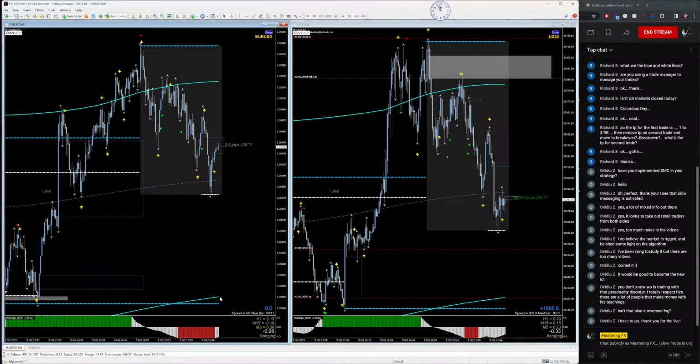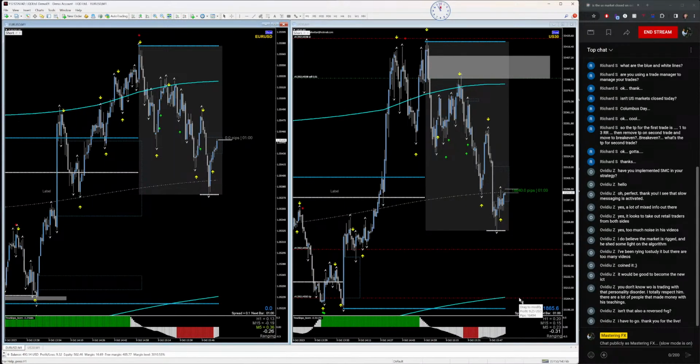And this we have to adjust because again, this TMA band adjusts to price movement, so we have to constantly adjust that profit target. As you can see here, it went up a little bit again, so I have to adjust it. There you go.